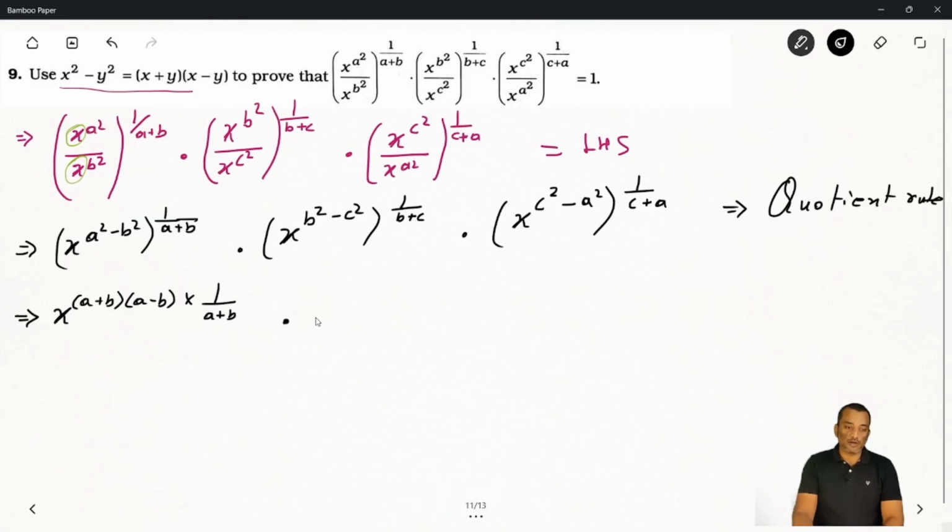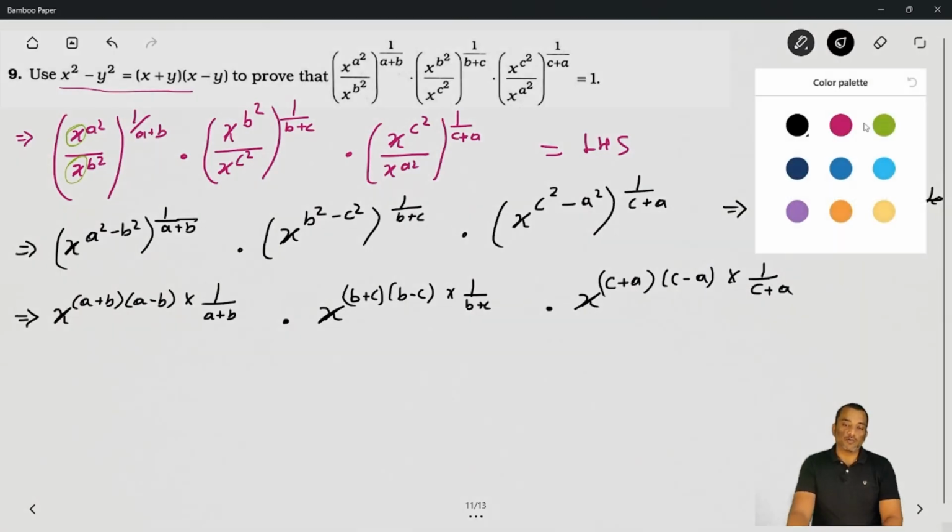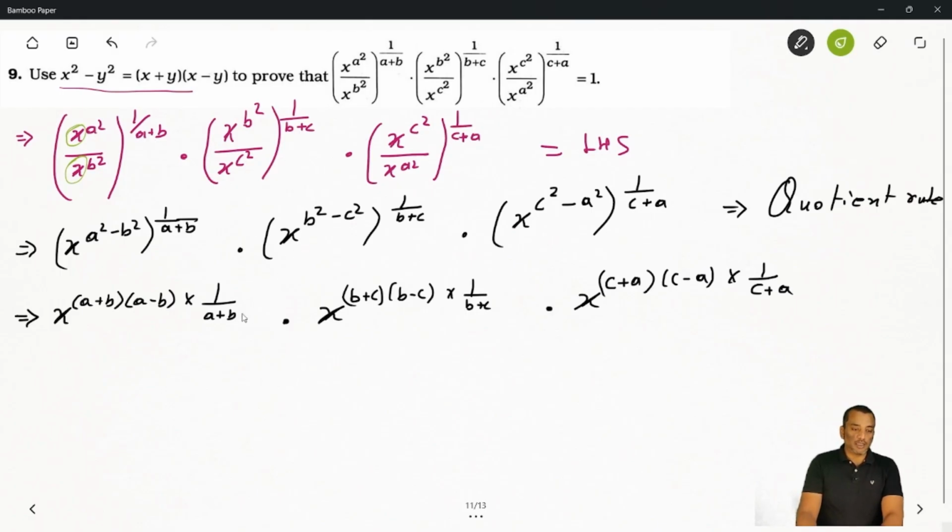Then x to the power b square minus c square, so we will get b plus c times b minus c and this will be multiplying with 1 by b plus c. Now again same way the last one. So x to the power c square minus a square, so you can say c plus a times c minus a, and multiplying with 1 by c plus a. Okay, now here you can see the like terms in the power you can cancel.